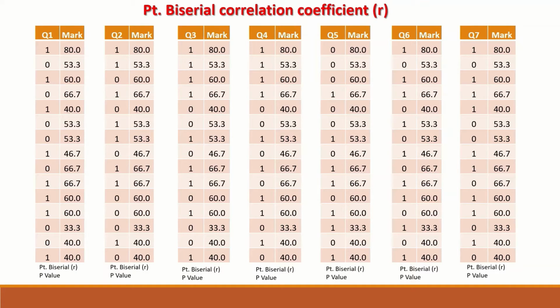To calculate the R, which is the coefficient, take every question with its scores 0 and 1 and correlate that with the total mark for the whole set of students, and we do this for every question or every item to generate a specific R value for each question and a P value for that question. This is how it is done in a statistical package or software.